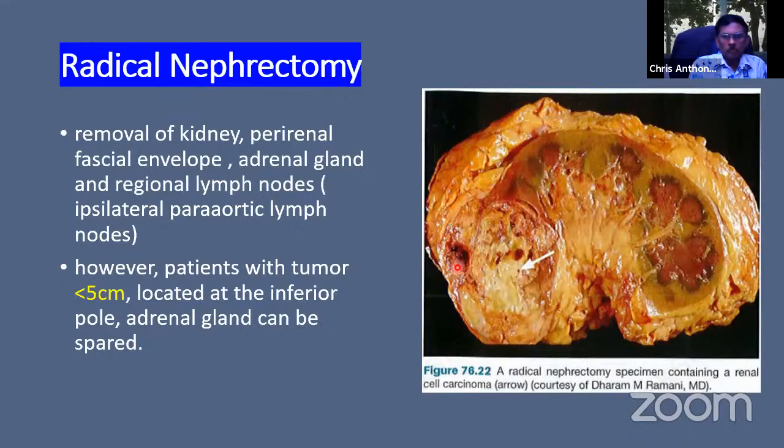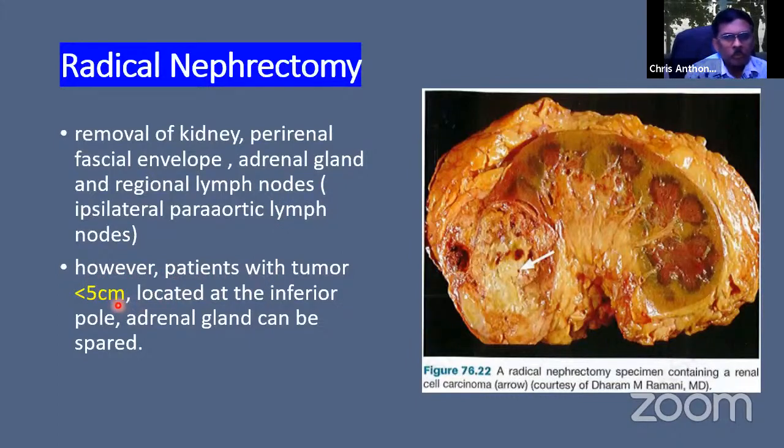Another picture showing a tumor here in one of the poles of the kidney. Radical nephrectomy is done to remove the kidney, the perirenal fascia envelope, that is the perinephric fat, and the Gerota's fascia, adrenal gland, and the regional lymph nodes, including the ipsilateral para-aortic lymph node.